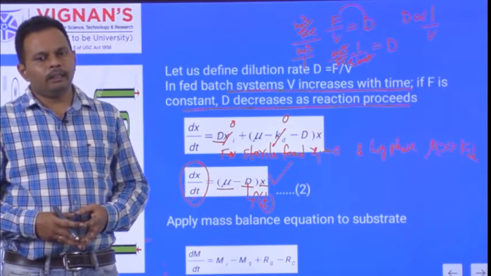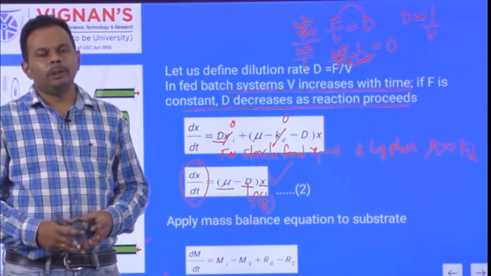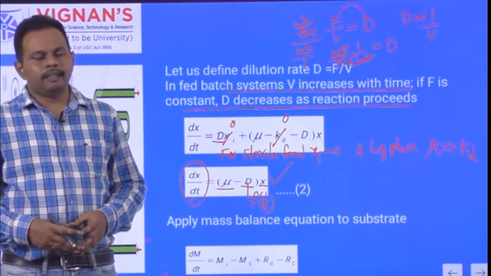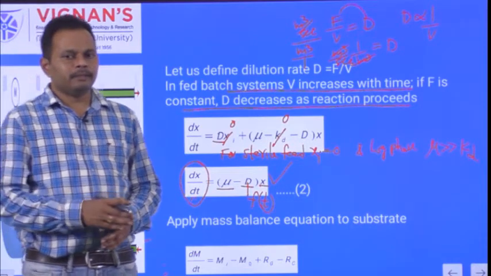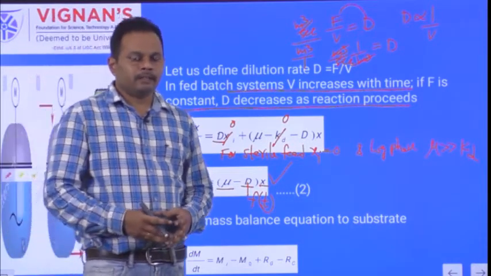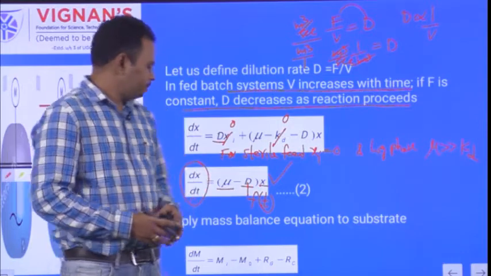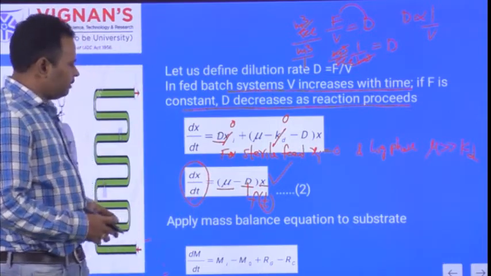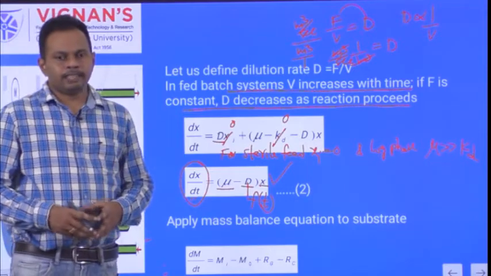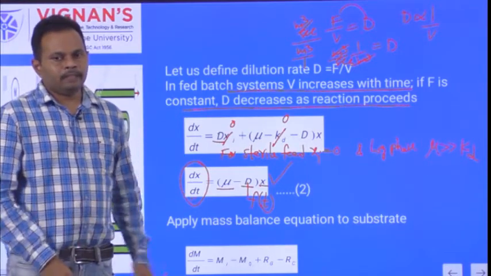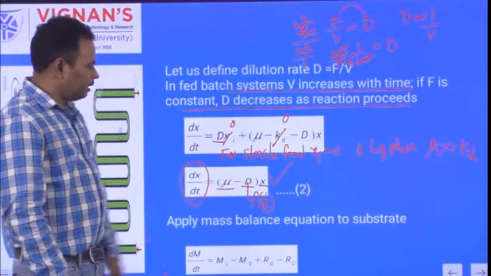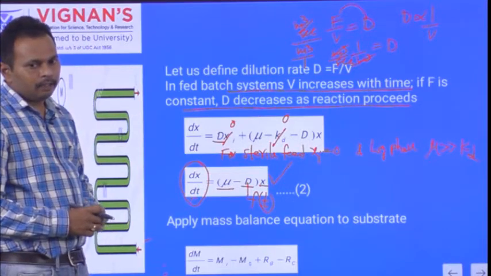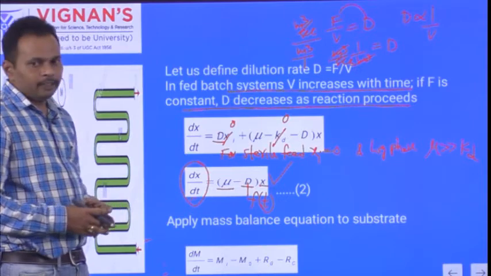So that's why we need to take some other alternative route to find out the fed batch time required to increase the cell concentration from x0 to xf. So at this point, this equation 2 says the cell concentration changes with respect to time. On left hand side we have the time, on right hand side also dilution rate is a function of time. It's very difficult to solve this equation differentially.